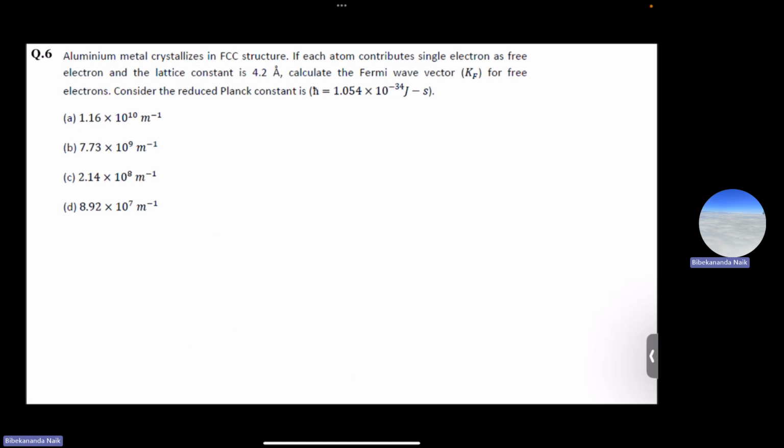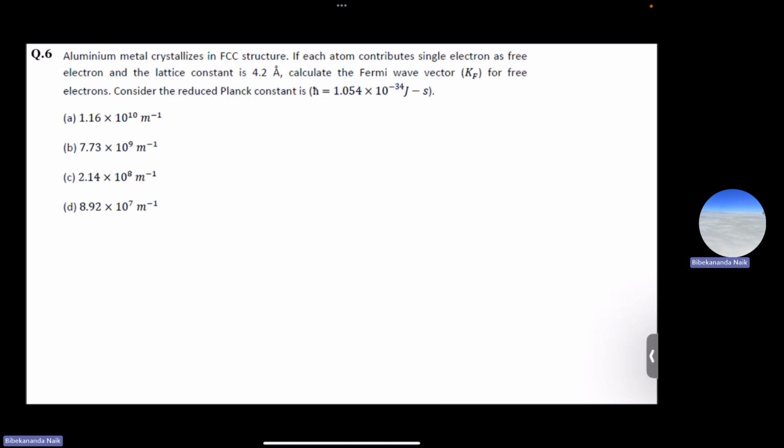Now, question number 6. Aluminum metal crystallizes in FCC structure. If each atom contributes a single electron as a free electron and the lattice constant is 4.2 angstrom, calculate the Fermi wave vector kf for free electrons.